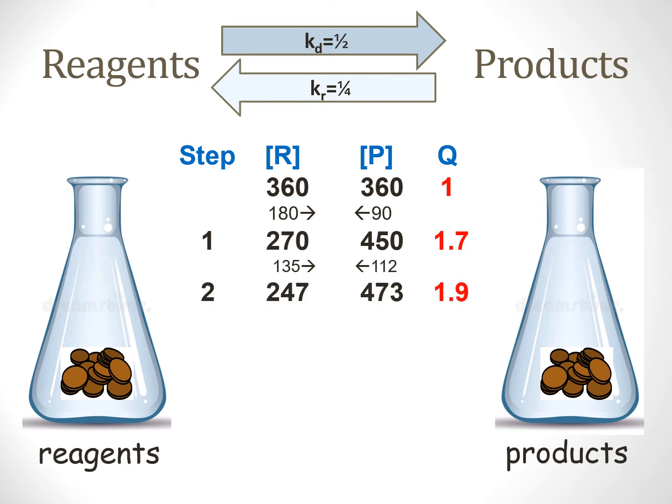At the second step, we still see a decrease in R, an increase in P, and the quotient is going up to 1.9. And at the third step, we reach the sweet spot of 2. At this point, we have exactly the same amount going back and forth. Consider that there is rounding, right?